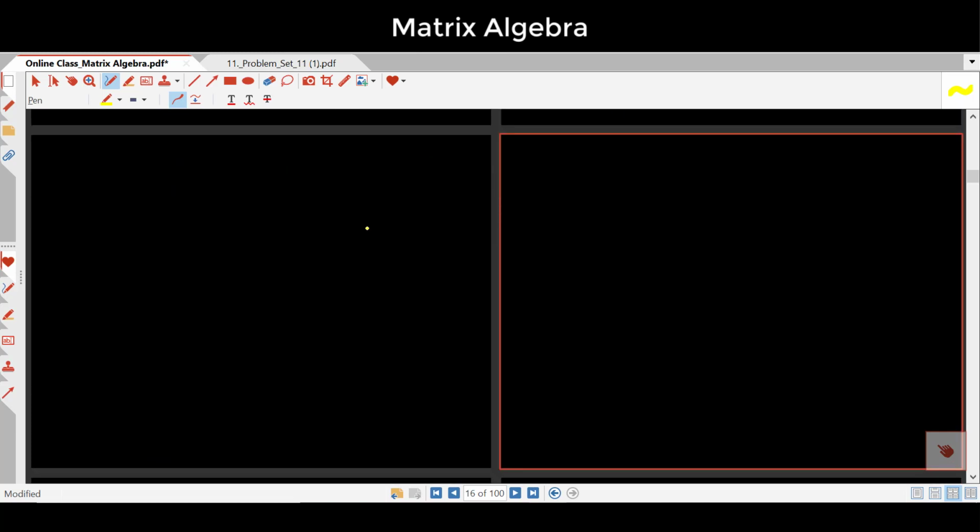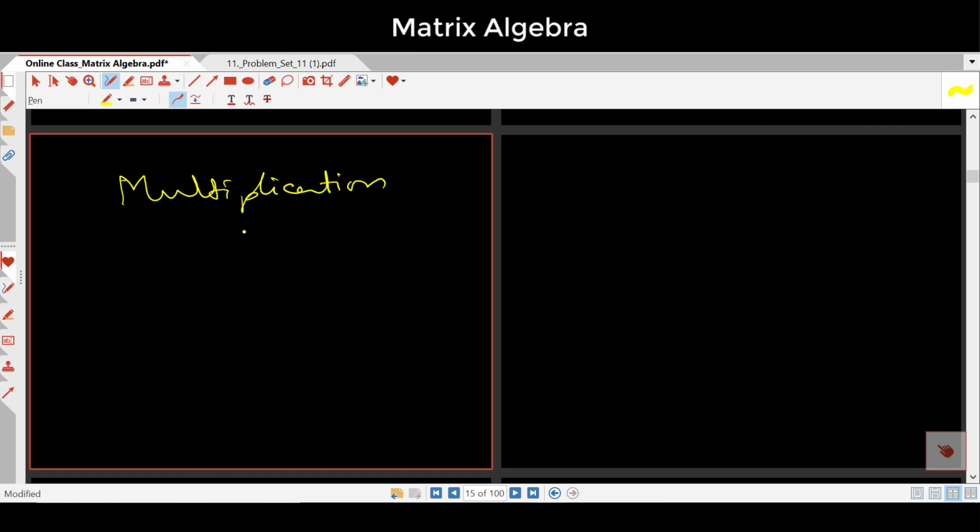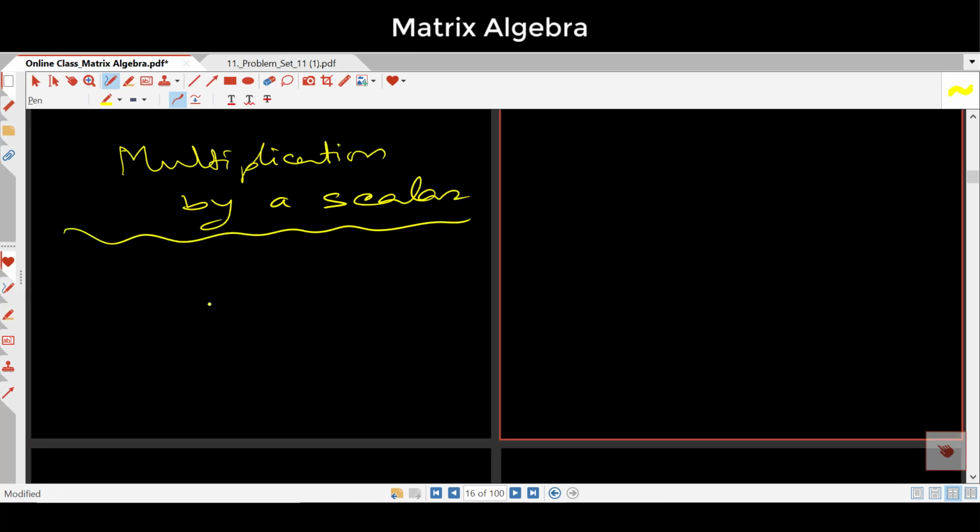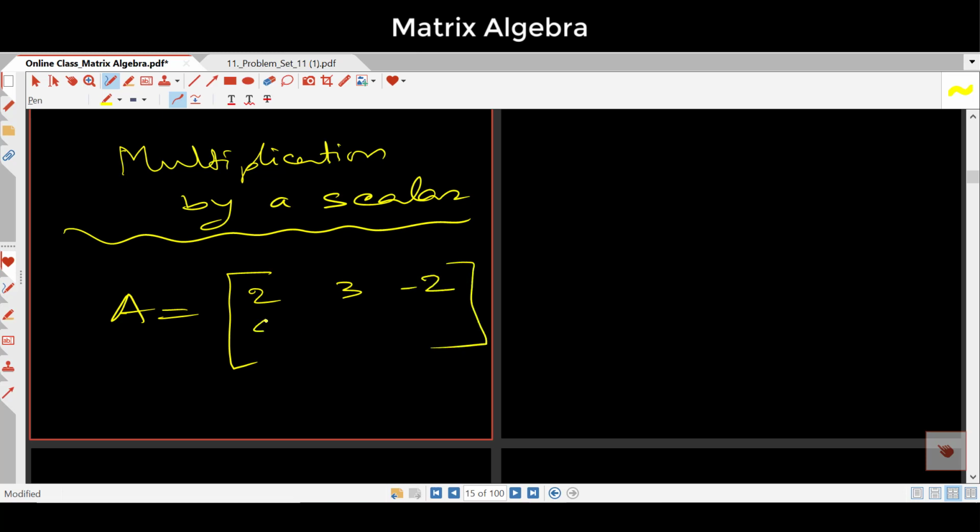Besides this type of multiplication, there is another multiplication that is known as multiplication by a scalar or a constant. What is this? This is very easy. Suppose you have a matrix A, that is 2, 3, minus 2, 4, 1, 5.